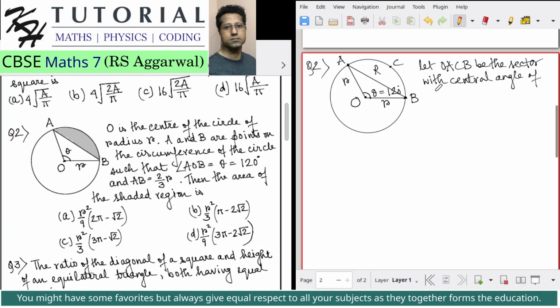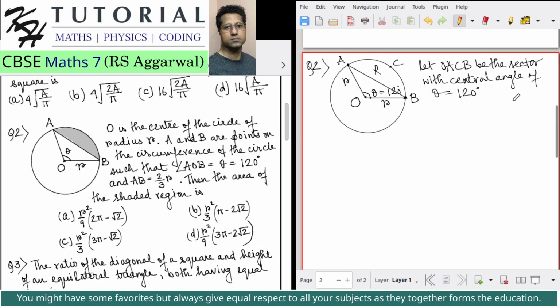Central angle theta is equal to 120 degree. So we are giving the name OACB to the sector where the arc is ACB and which is making a central angle of theta.